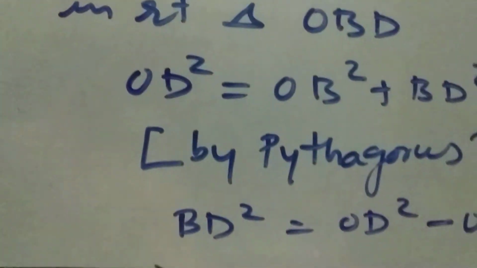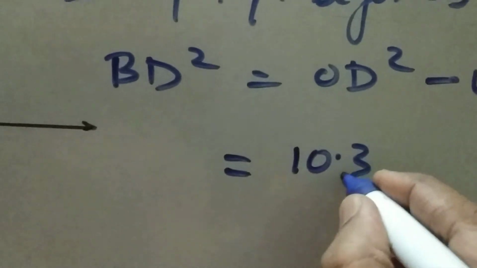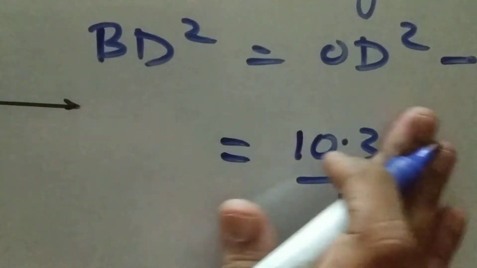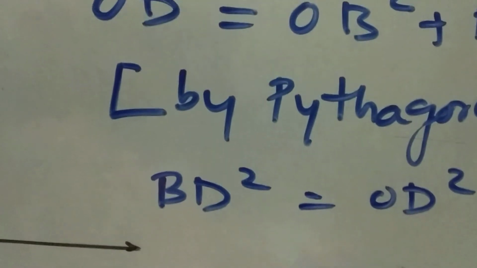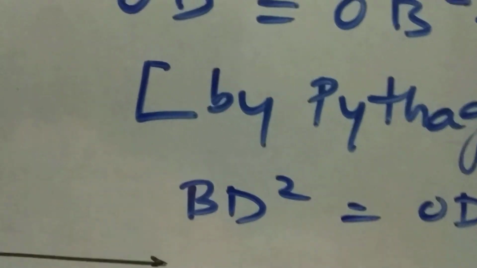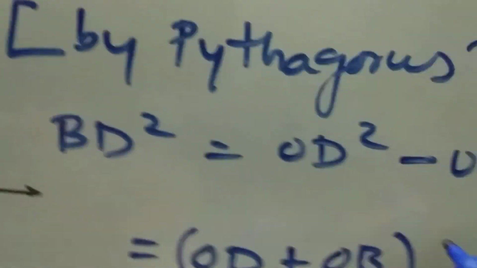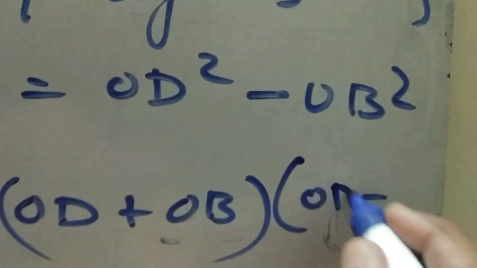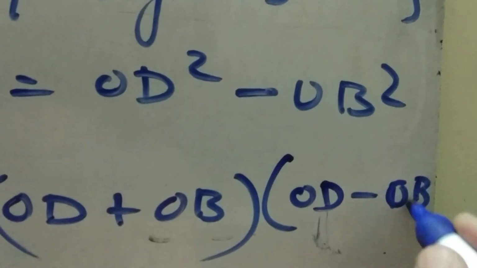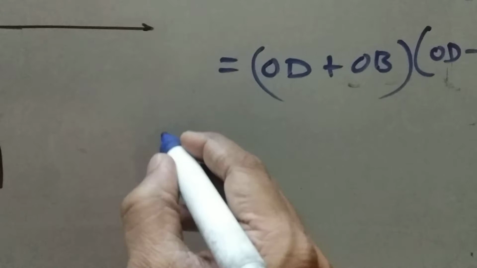So it will be OD square minus OB square. Before that, I'll recall that A square minus B square is equal to A plus B into A minus B. Okay, fine.